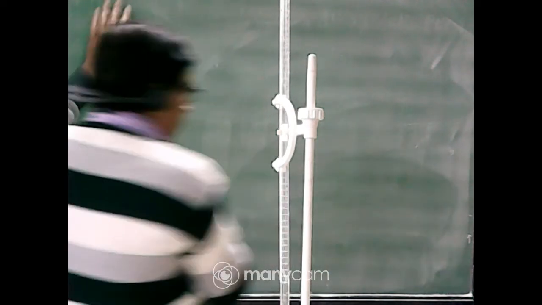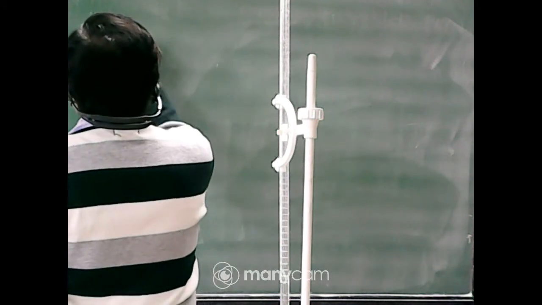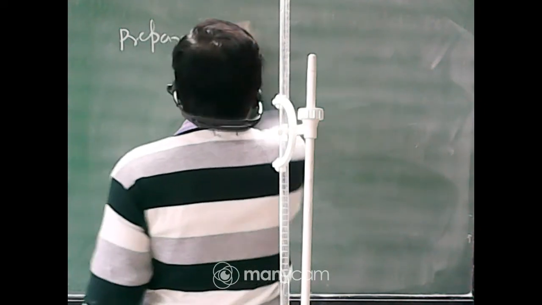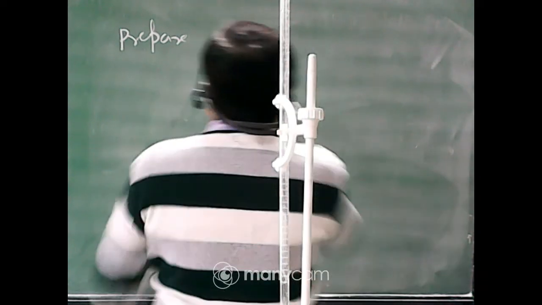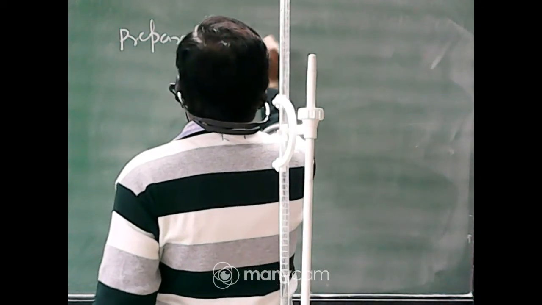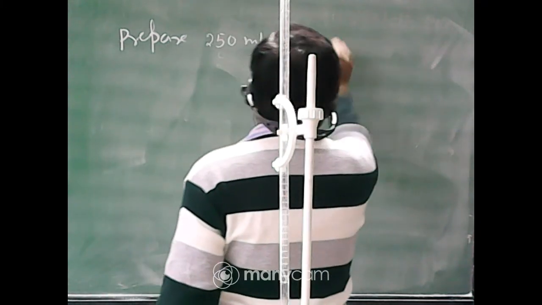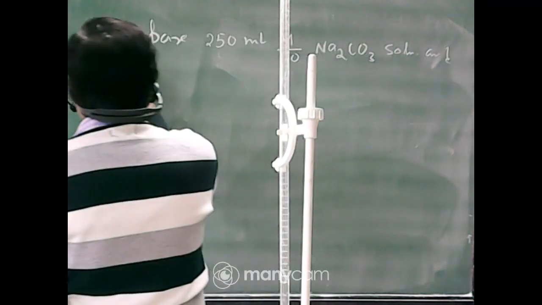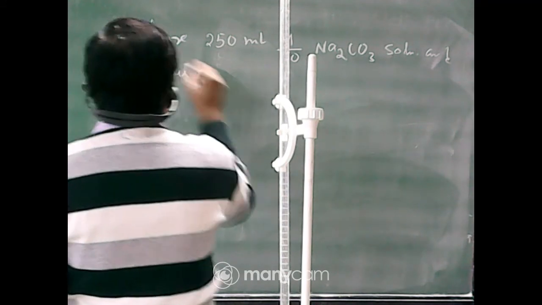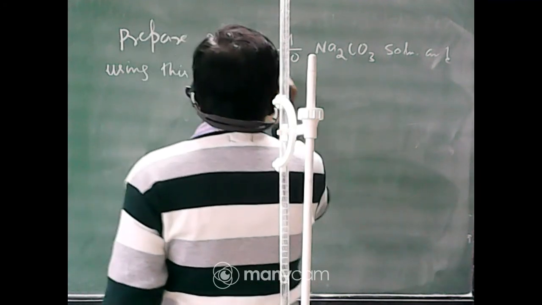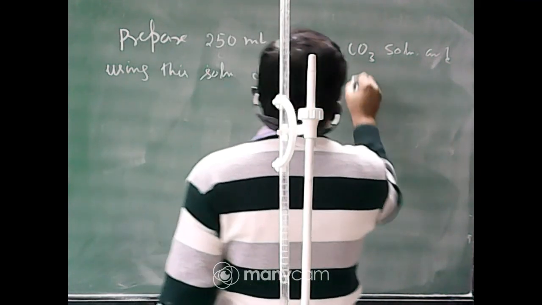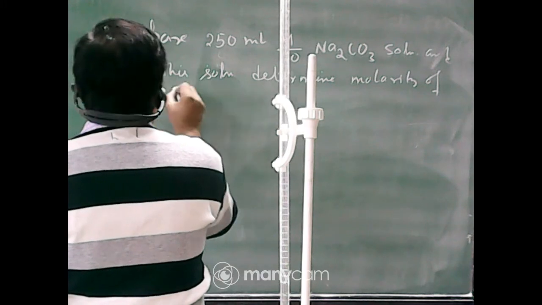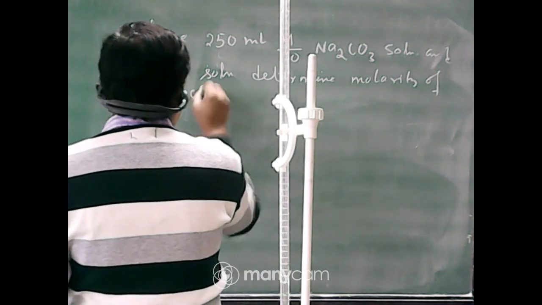Then first you write the question. What is the question? Prepare 250 milliliter M by 10 Na2CO3 solution, and using this solution determine the molarity of given HCl solution.